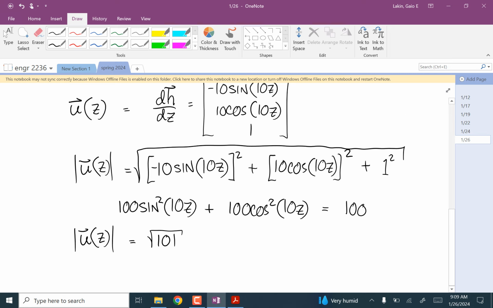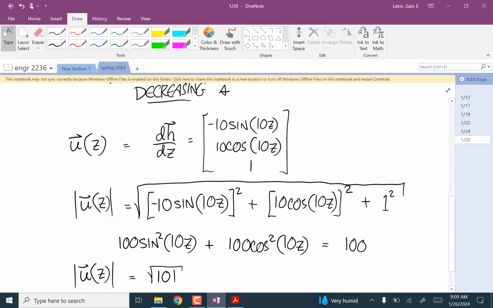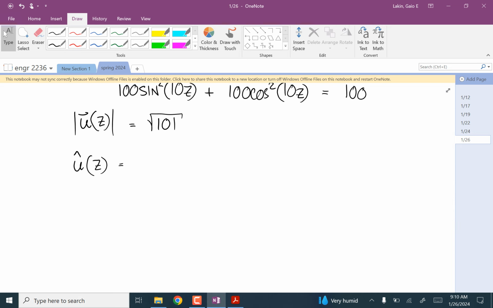Okay, so in other words, the unit vector in the direction of motion is this thing divided by square root of 101.